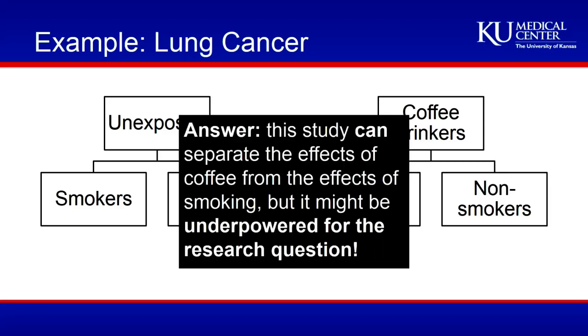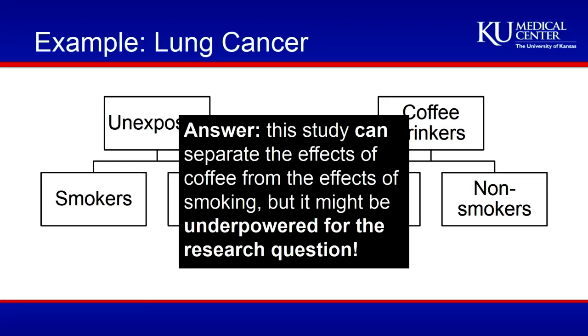So the nice thing about this study is if we have that mixture of exposures between the two groups, we can actually separate out the effects of the exposure of interest from the effects of nuisance variation, in this case, smoking. The problem with studies like this is that when you have additional sources of variation, you are increasing the noise in your outcome, and it makes it harder to detect a signal.